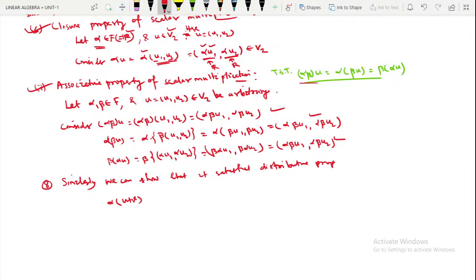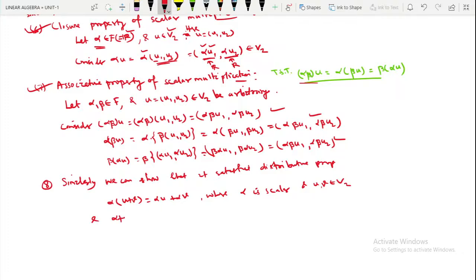Alpha times (u plus v) equals alpha u plus alpha v, where alpha is a scalar and u, v belong to V2.